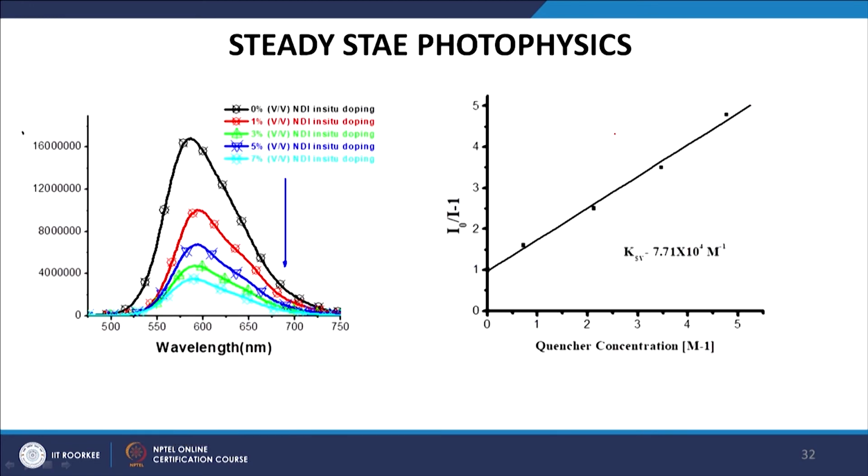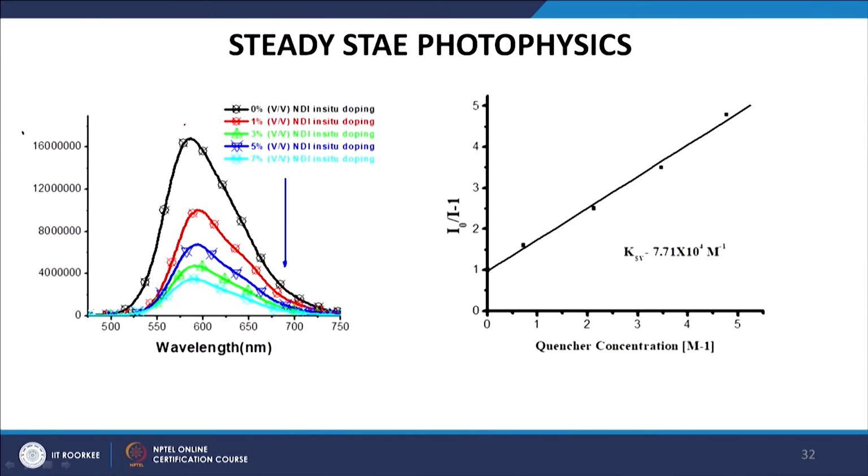Now whenever we do the fluorescence experiment with this nanoparticle system, we observe a similar phenomenon as in the case of a bulk polymer counterpart in an intradiode case. So this is the fluorescence from the P3HT nanoparticle when we do not have any acceptor doping, but if we gradually increase the acceptor doping, nanoparticle fluorescence gradually decreases.